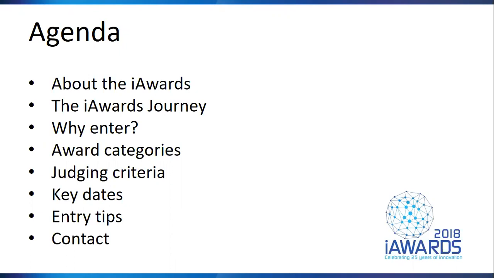We're going to look at the different categories, so if you're wondering where you best fit and what you should enter, we'll be going over that as well. We're going to look at the judging criteria just as a snapshot, some key dates, some entry tips from just entering using the form, but also from a judge's perspective as well and what they're looking for. And we've got some contact details as well at the end.